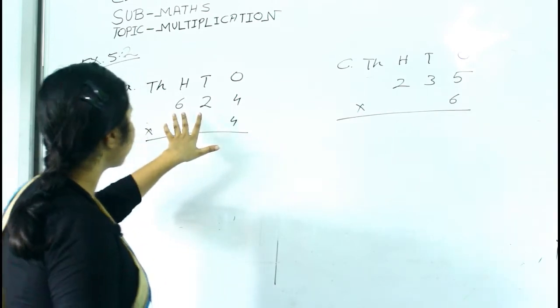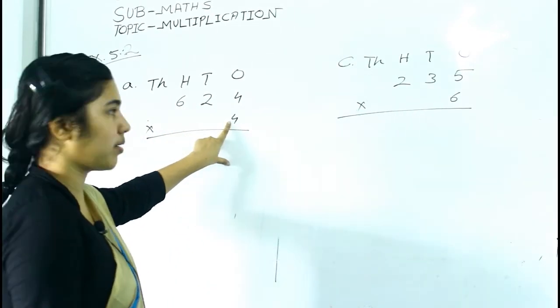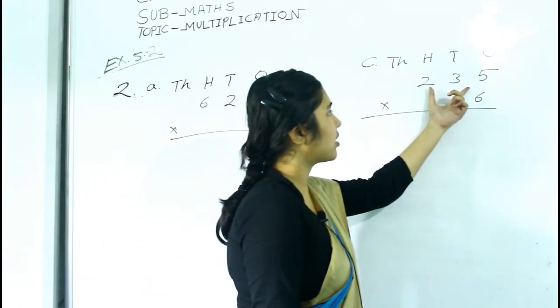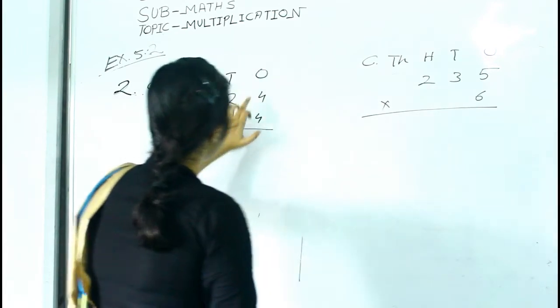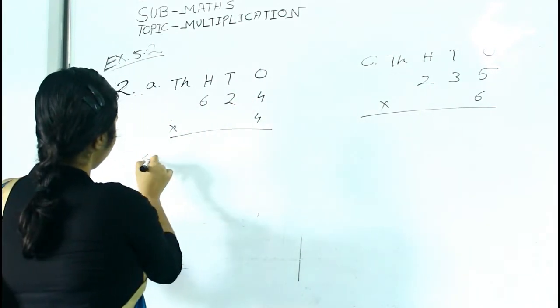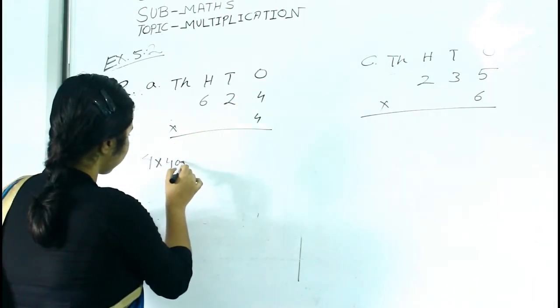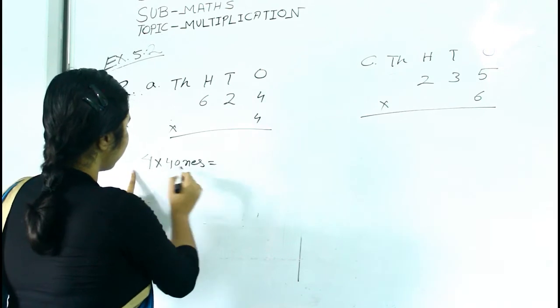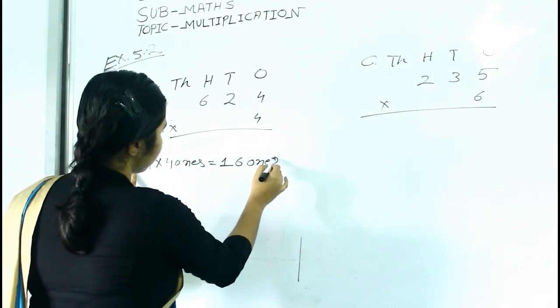So here we have to multiply a 3-digit number with a 1-digit number. Here also you have to multiply a 3-digit number with a 1-digit number. So first, by the same process, multiply 4 with 4 ones, which equals, 4 fours are 16 ones.